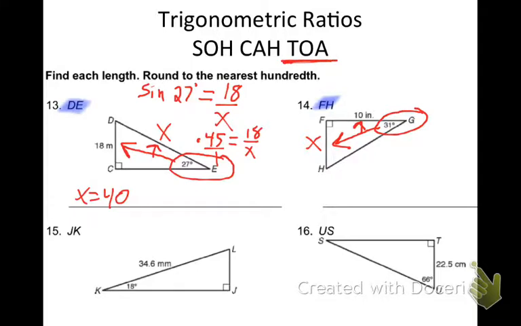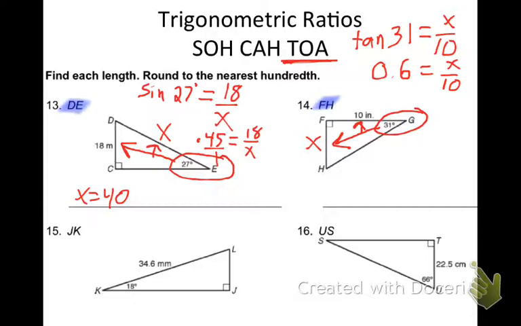So same thing, I'm going to set up a trig ratio here. The tangent of 31 equals x over 10. The tangent of 31 is 0.6, so 0.6 equals x over 10.